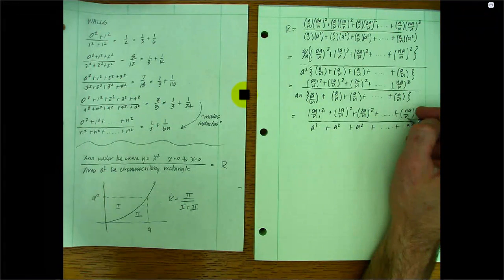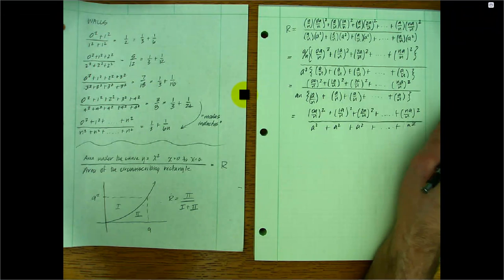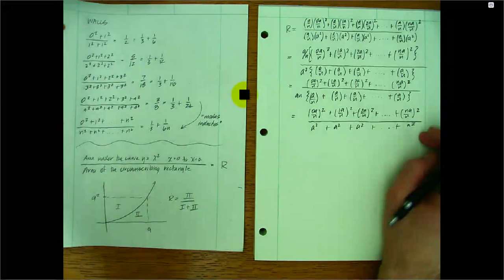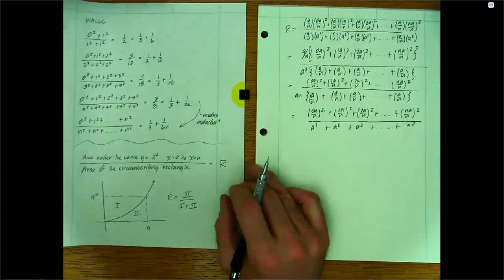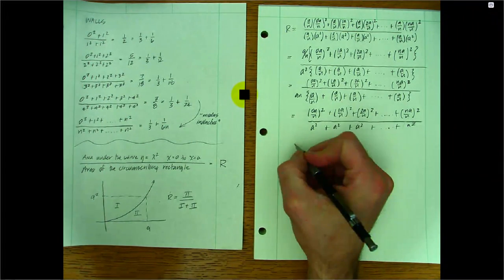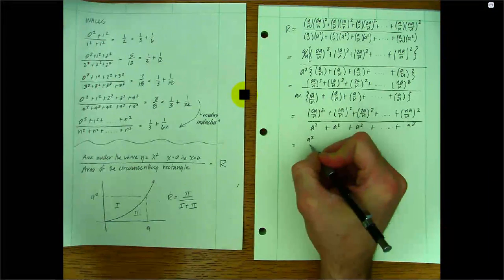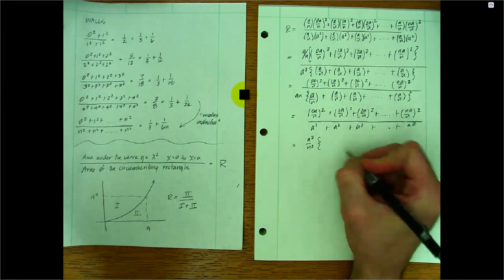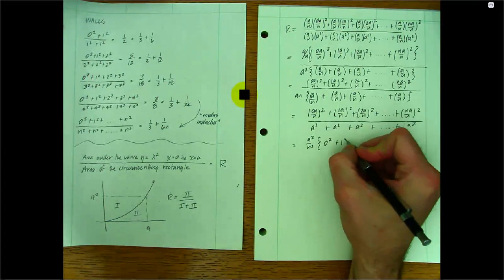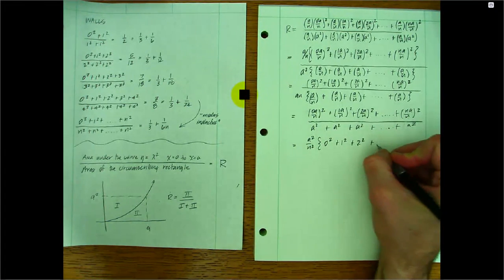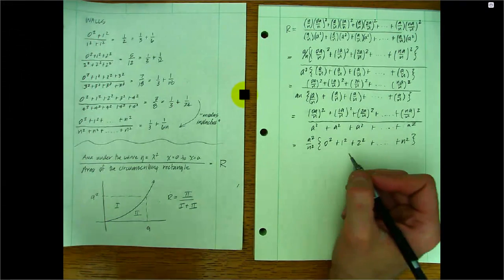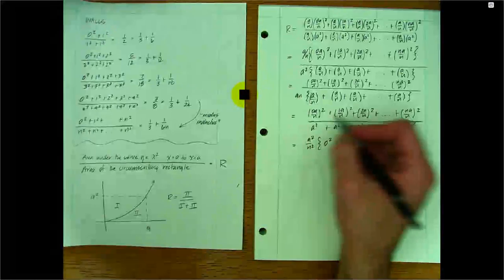Everything in the denominator has an n squared, I can just take that out, and then everything in the numerator has an a squared, so I can just take that out. So I have an a squared over n squared factored out. And what would be left inside would be 0 squared plus 1 squared plus 2 squared plus all the way up to n squared. Okay, so that would be what we have in the numerator there.